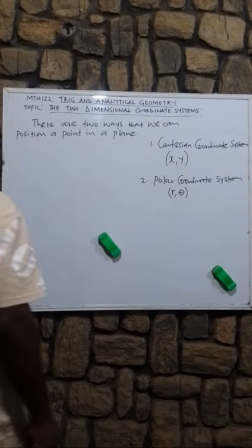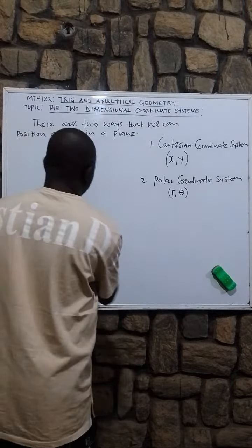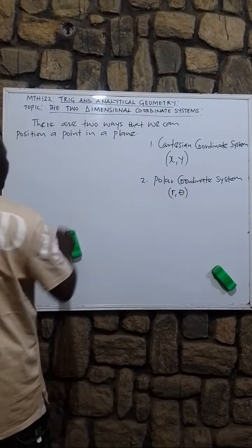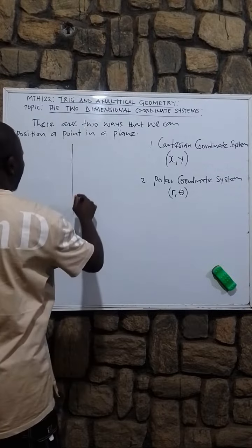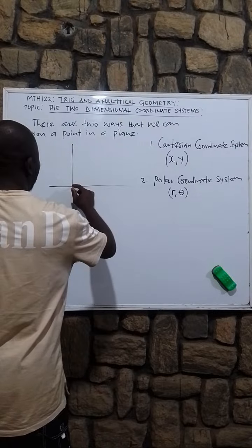So, in polar coordinate system, let us have a right angle triangle. Let's have it in this form.